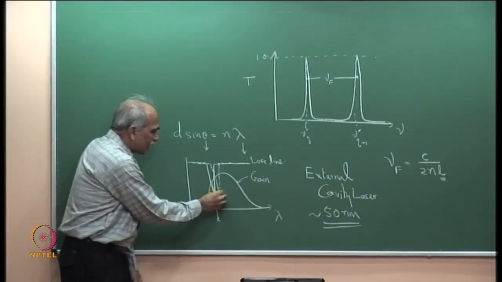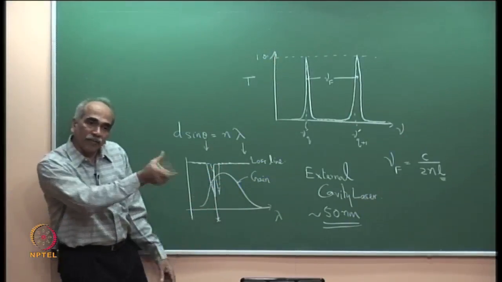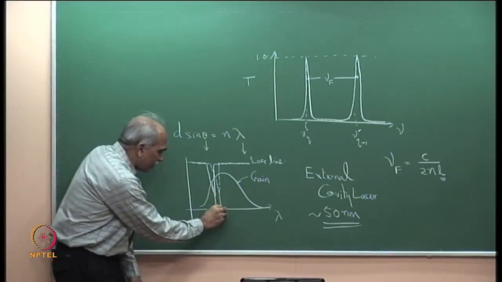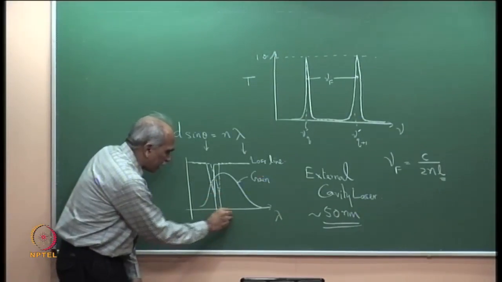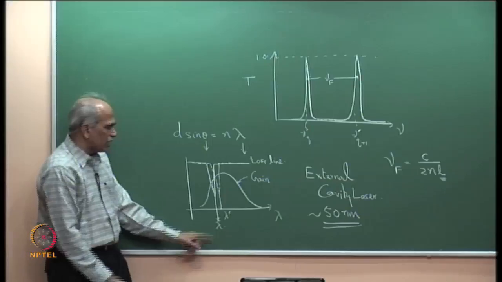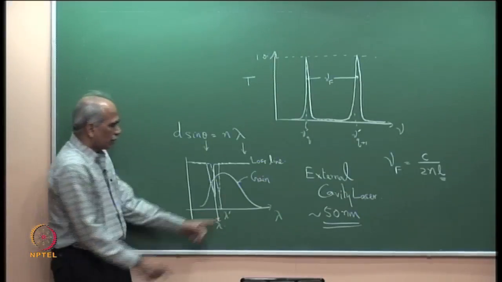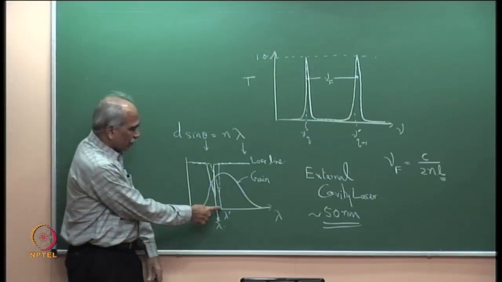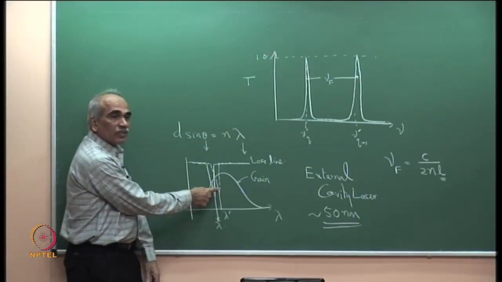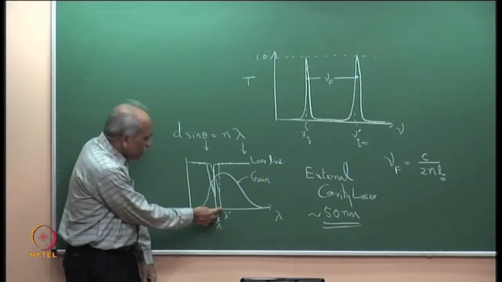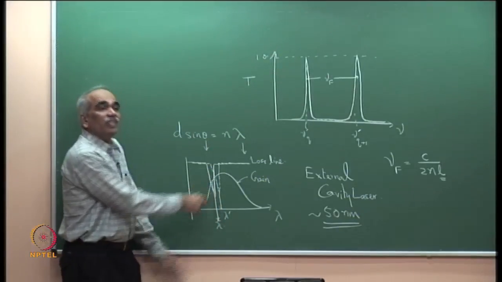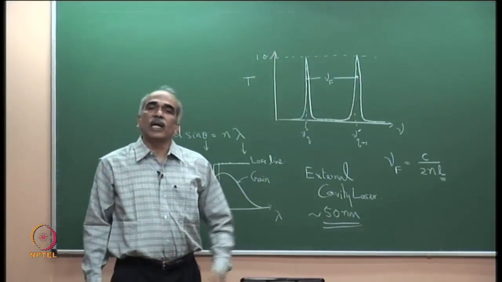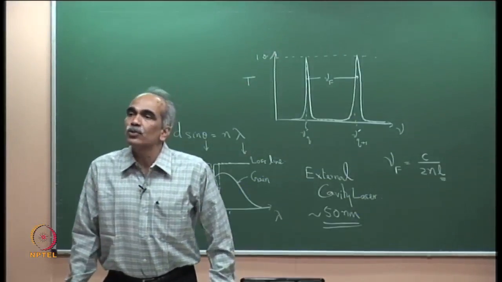Which means at a different position, this is lambda dash, this is lambda for which initially there was low loss, but by rotating I have shifted the curve. The wavelength for which you have low loss is this one, and therefore, only this wavelength will lase. This is the principle of external cavity tunable lasers based on external cavity rotating grating.